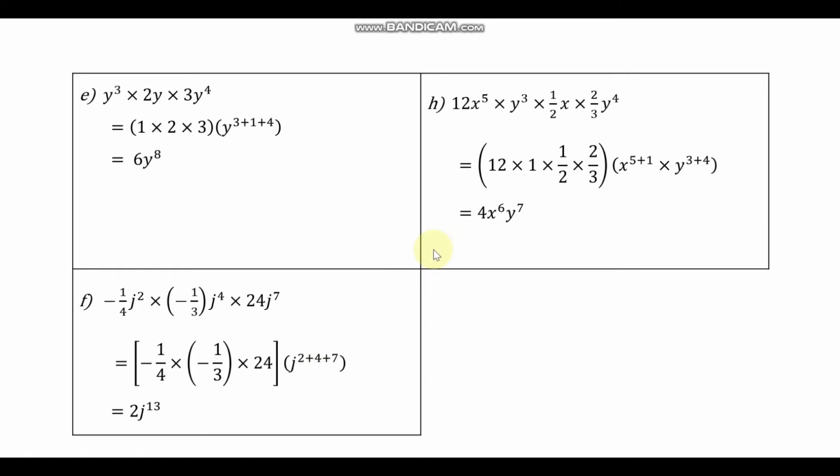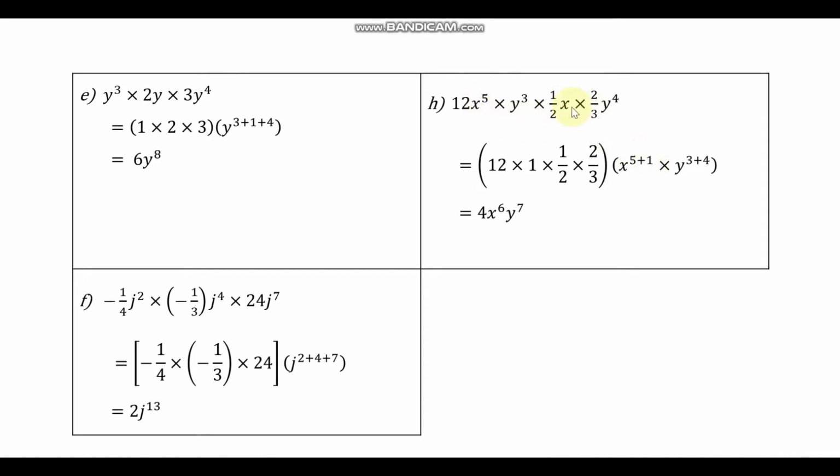Okay. The last question, we have two bases. So first step, we have to separate the numbers, and next the terms. So first one, we have 12 times 1 times 1 over 2 times 2 over 3. We close the bracket. Next bracket, we start with x to the power of 5 plus 1.